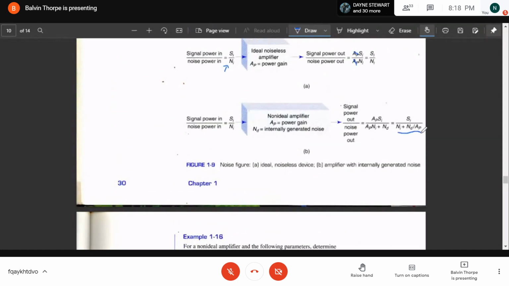Remember, it is the signal over the noise power plus the internal noise divided by the gain of the amplifier. So that's the formula we're going to be using.